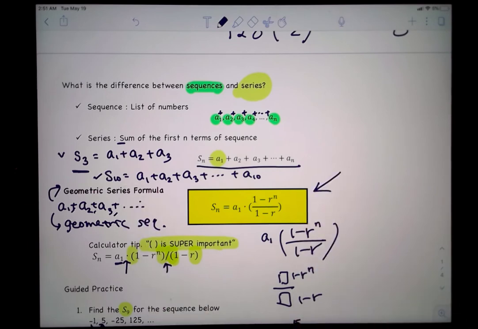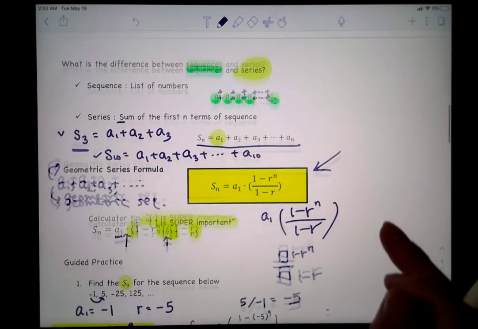That is only for what? Geometric sequence, only for geometric series, because we will add it up. This one you will memorize because you will keep using that, but on the test you will have this on the reference paper. So it's not mandatory, but I highly recommend memorizing this formula.